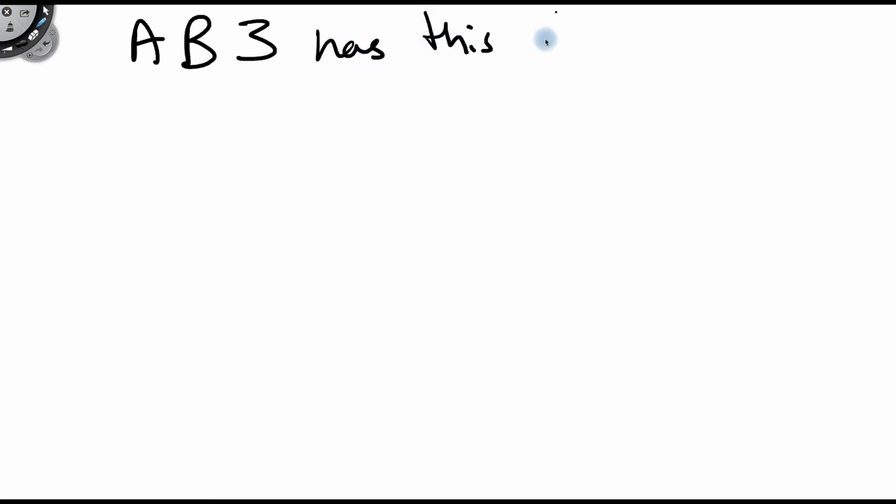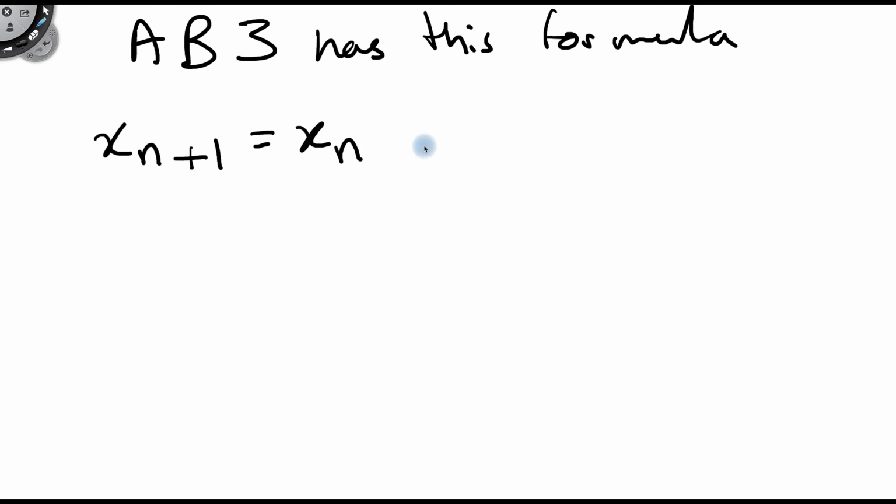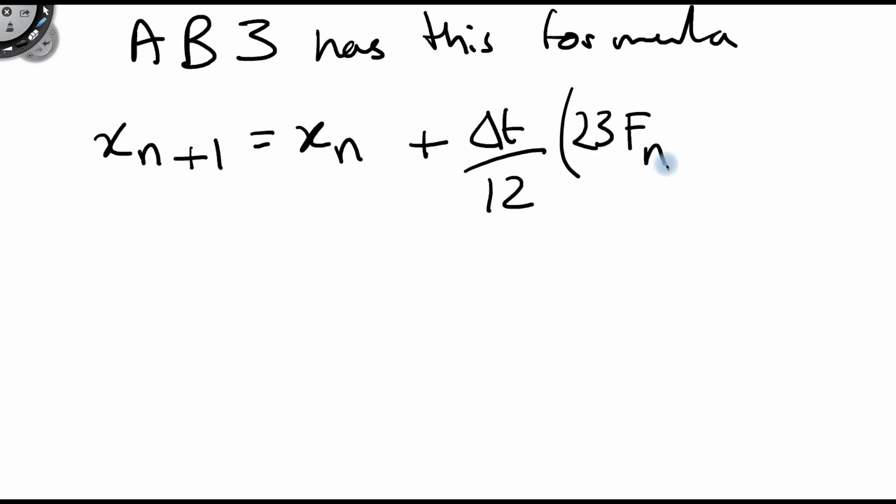So with the third order then, it looks like this. So AB3, Adams-Bashforth 3, has this formula. x(n+1) again equals x(n) plus delta t on 12 times 23 f(n) minus 16 f(n minus 1) plus 5 f(n minus 2).